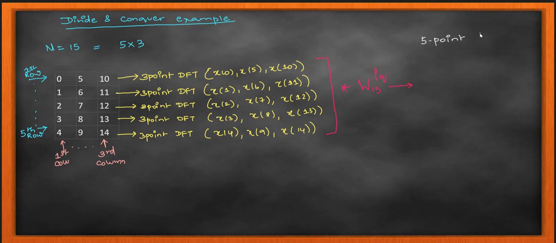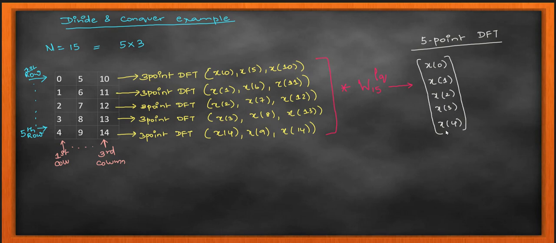And after you do that 3-point DFT for 5 times, you're multiplying it with your standalone multiplier, W15 to the power of L times Q. And after that, you're doing the 5-point DFT. So you have done with the 3-point DFT, you have done with the standalone multiplier. Then what's left to do is your 5-point DFT.